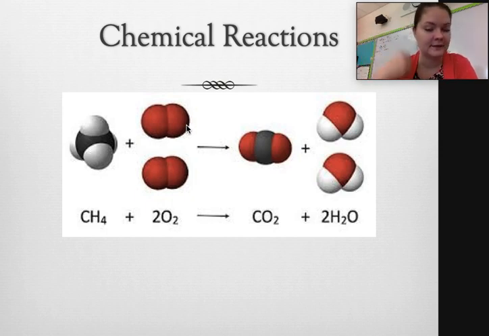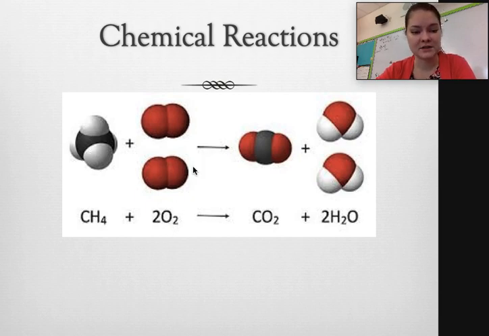Nothing just disappears. And so if I've got methane, which is CH4, that means 1 carbon and 4 hydrogens. Then this 1 carbon and 4 hydrogens needs to be found somewhere in our products. So reactants on the left are what go into a chemical reaction to form products that are written on the right. Okay, so CH4, methane, is 1 carbon, 4 hydrogen.